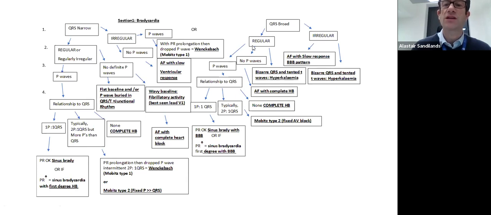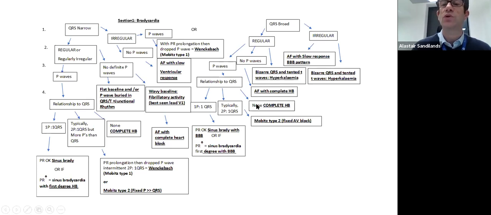With a broad QRS, regular rhythm and P waves, you could get Mobitz type 2 fixed AV block. It's less likely you get second degree AV block with a broad QRS, because, as I explained, they're more likely to go into complete heart block. So you would have P waves but no relationship to the QRS.